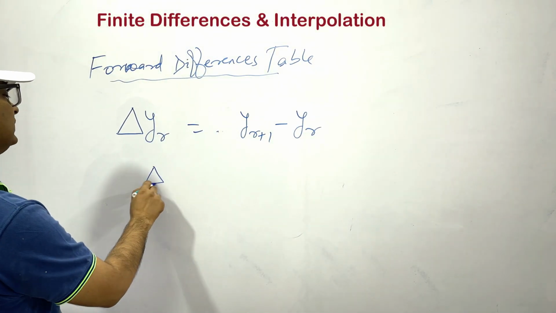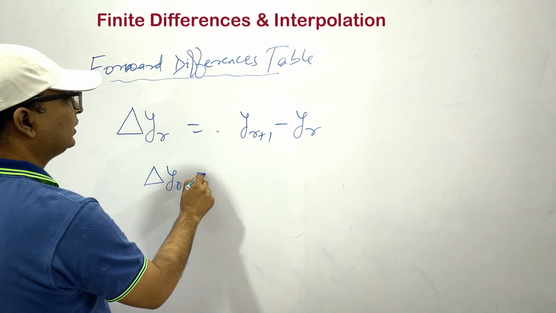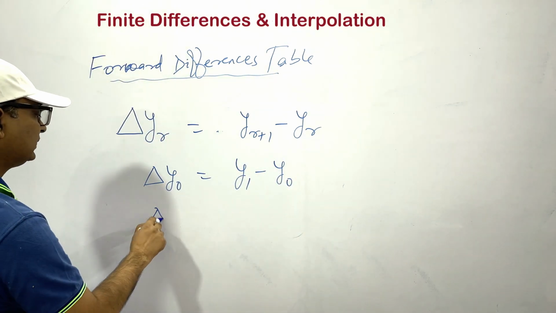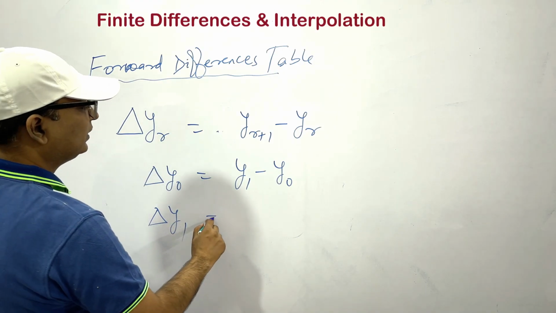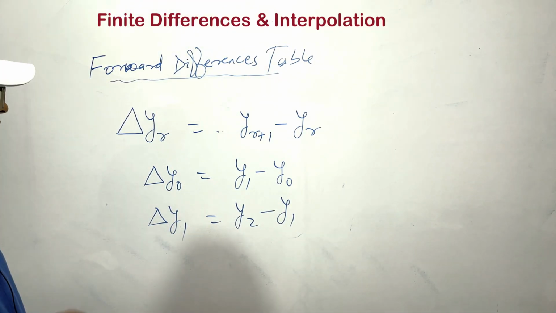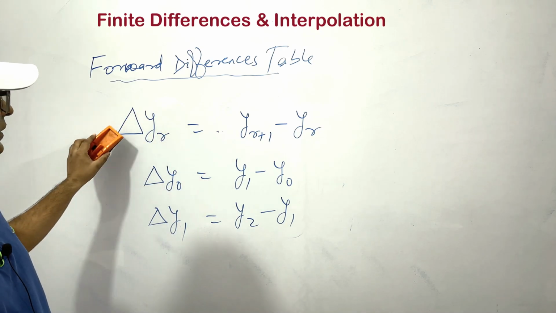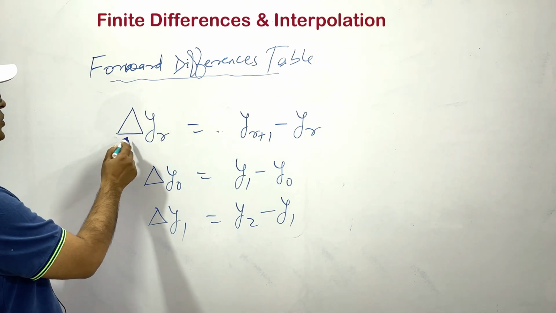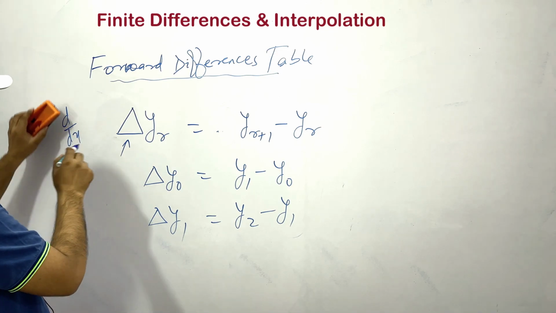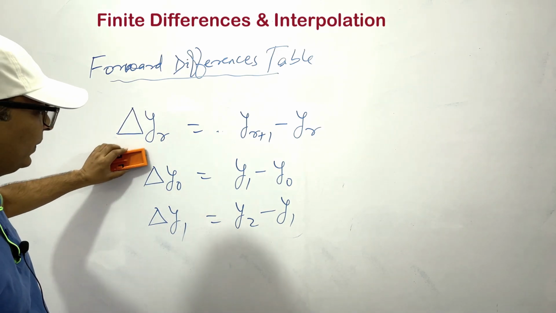That is, if I say del y0, this means y1 minus y0. When I say del y1, it means y2 minus y1. Okay. So this is del yr. This is operator. So when we put operator here, like dy by dx, this is an operator. Similarly, this is an operator. Clear?